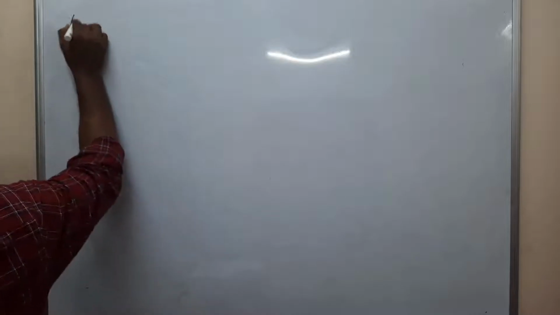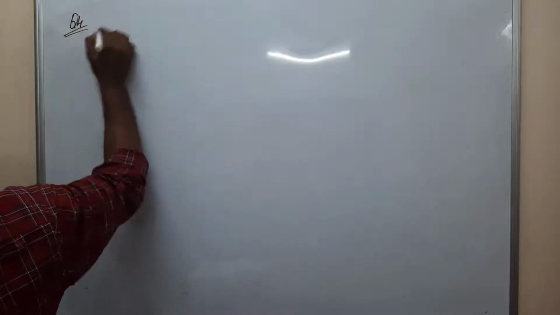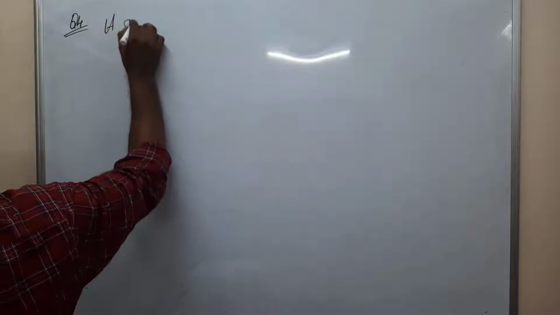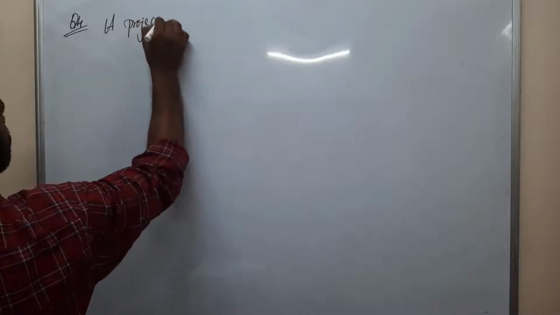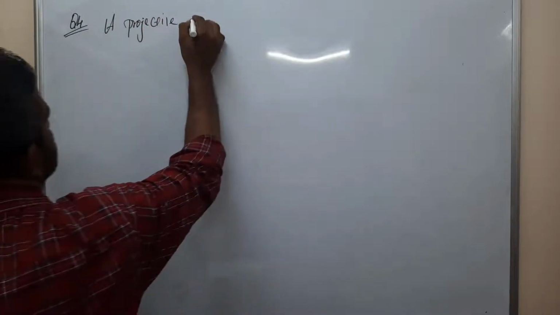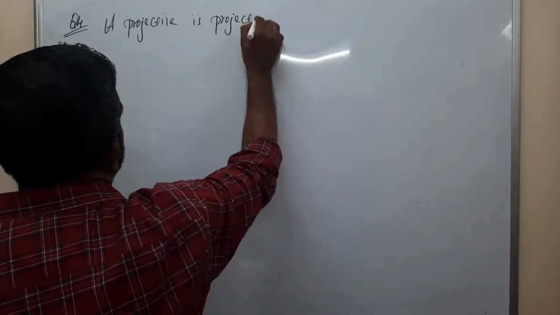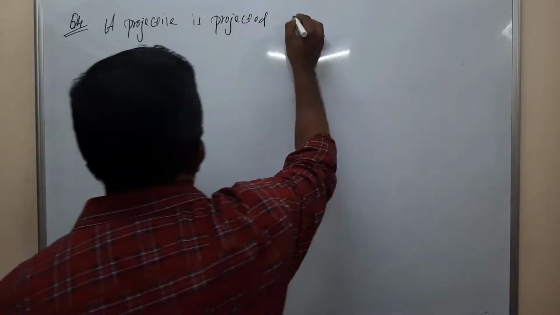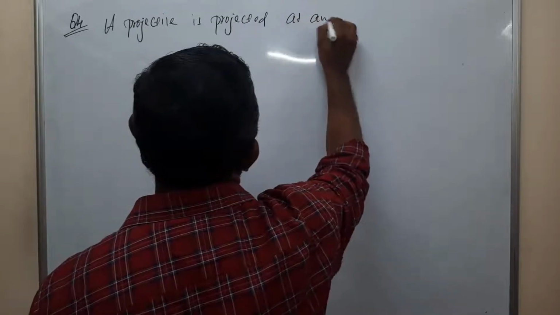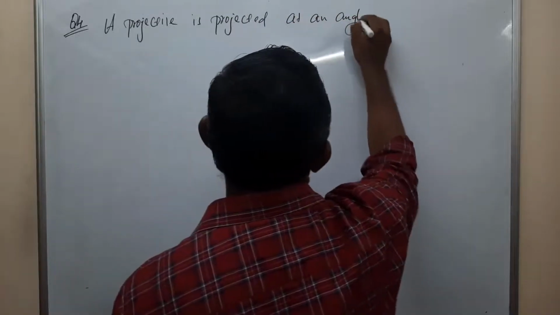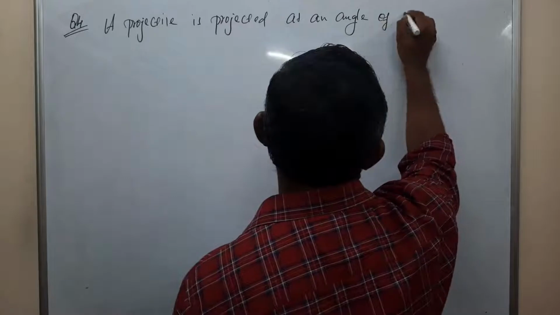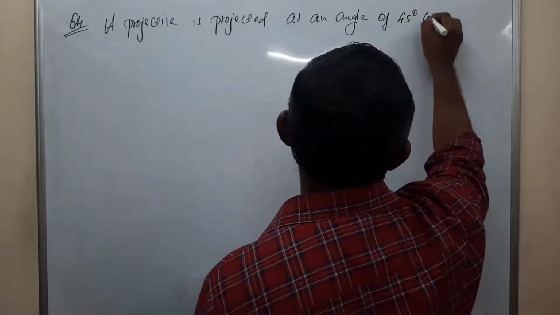So question 4: a projectile is projected at an angle of 45 degree with the horizontal.